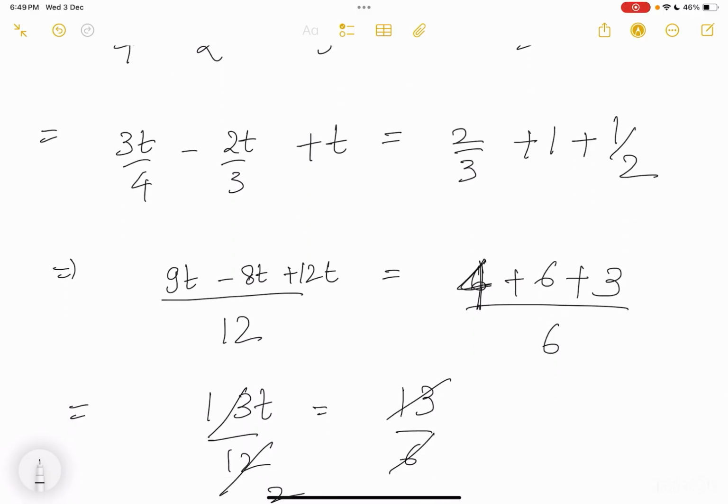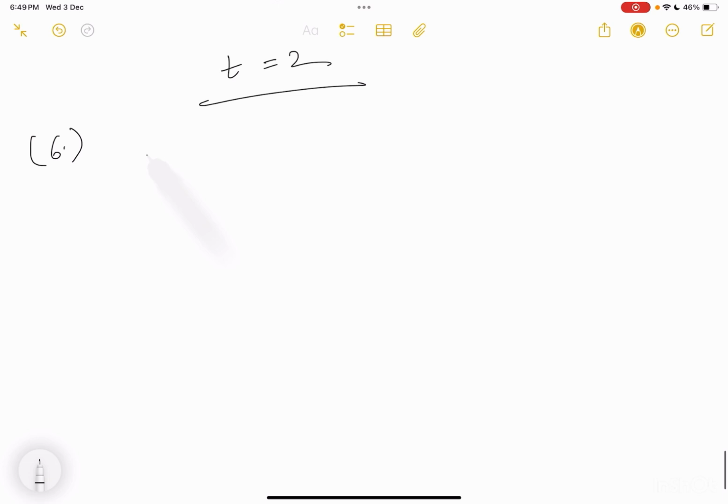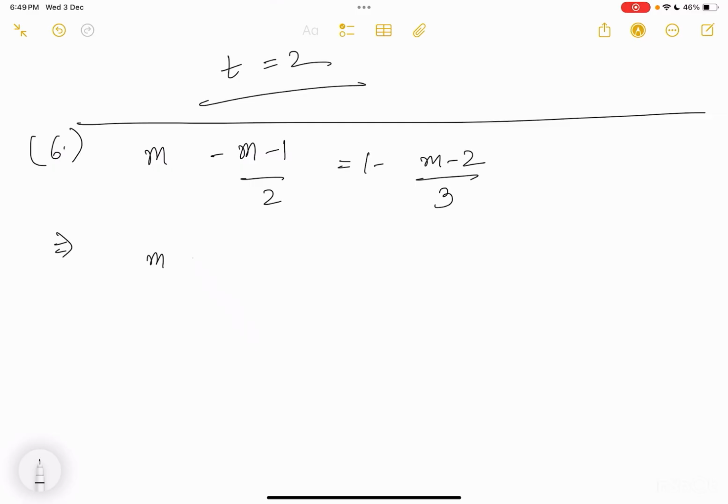I also made mistake. Question number 6. m minus 1 by 2, 1 minus m by 2 into 3 upon 3, sorry. Again, I'll be moving with the breaking the terms way. But in this, if the minus sign is there now, you need to be a little bit careful with it.